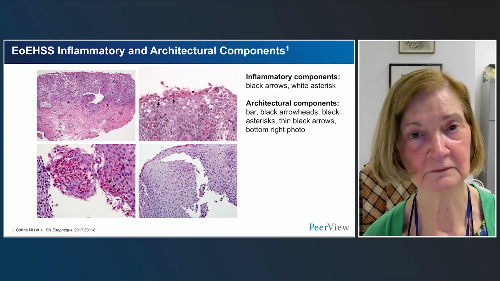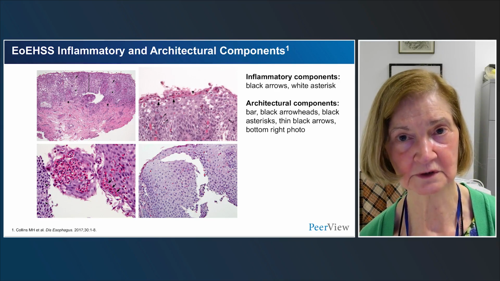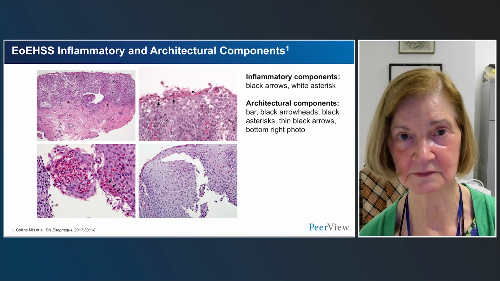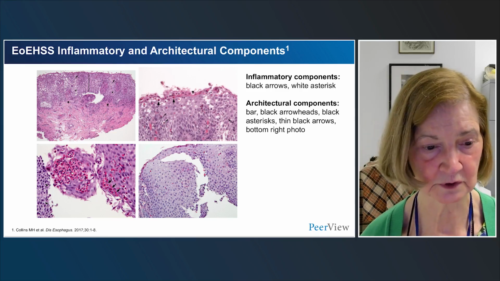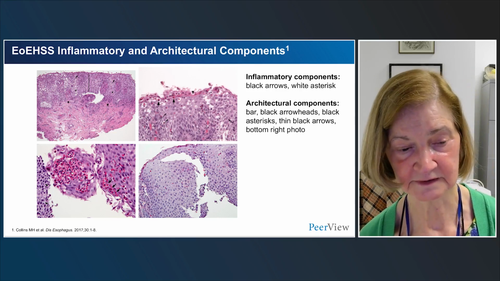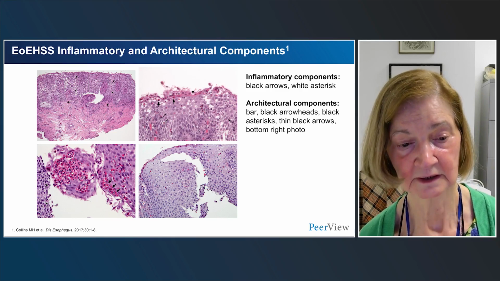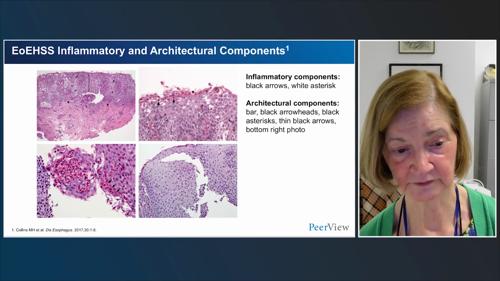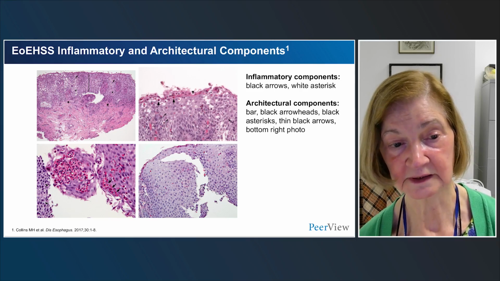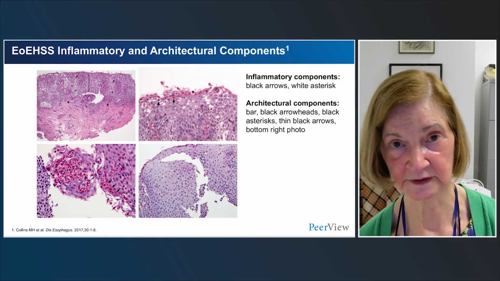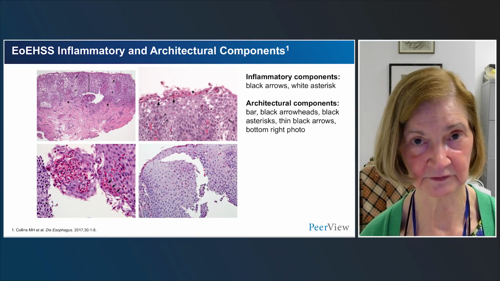And so we divide the scores into subscores sometimes. The inflammatory subscores are eosinophil abscesses, eosinophil surface layering, surface epithelial alteration, and eosinophil inflammation score that's based on the peak eosinophil count.